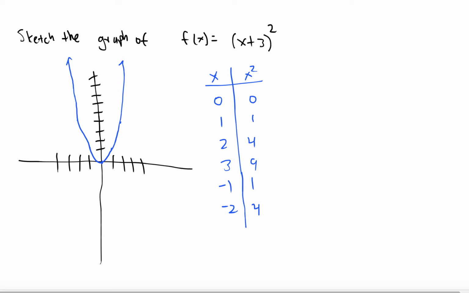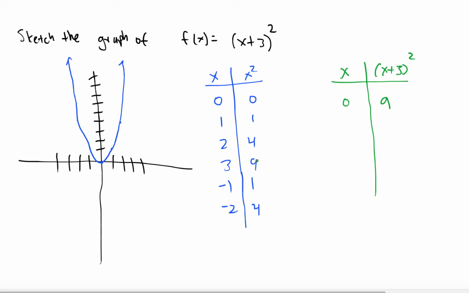So then the question is, what about this x plus 3 in parentheses here? What most people usually do is start out with 0. So what happens if we plug in the 0 in here? Well, 0 plus 3 is 3, but 3 squared is 9. If you compare this ordered pair, remember, this is a transformed graph, and we look here, well, wait a minute.